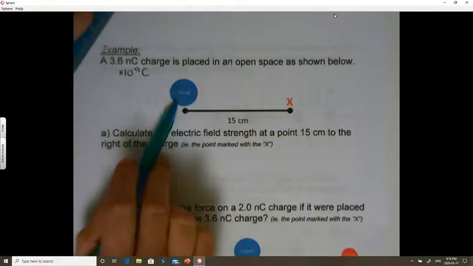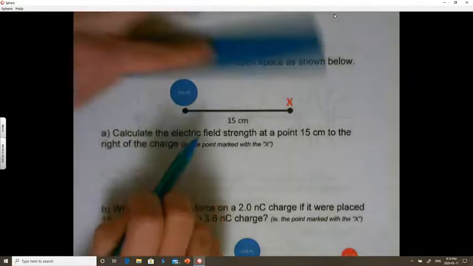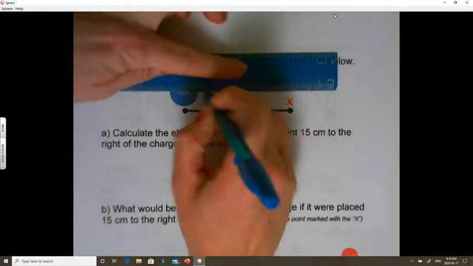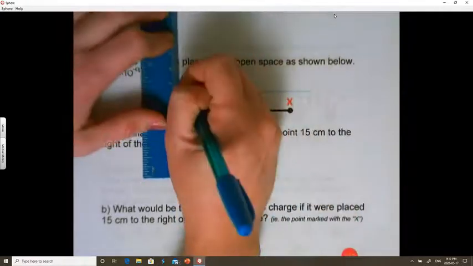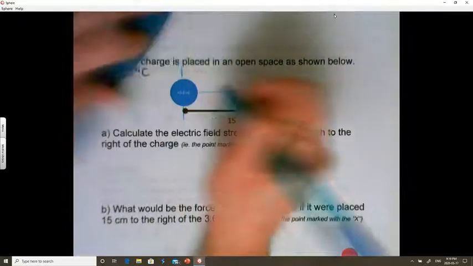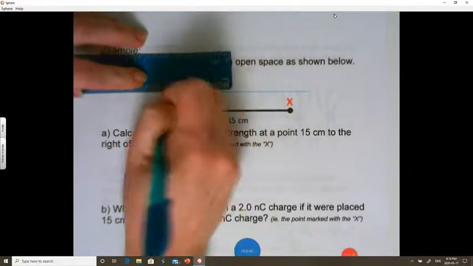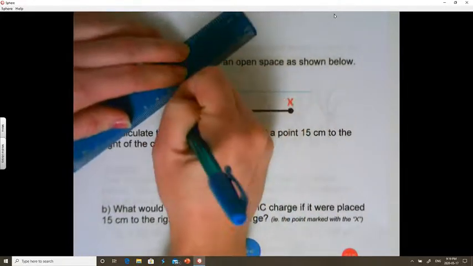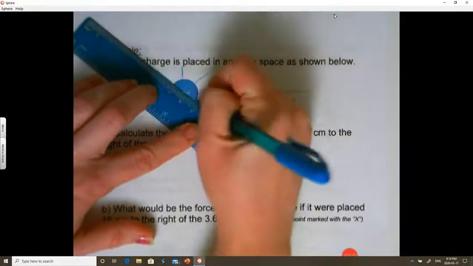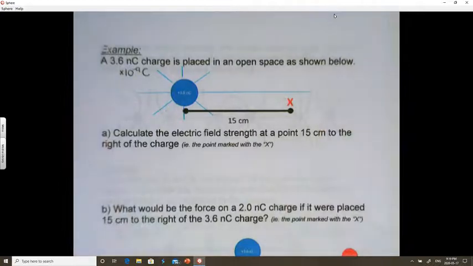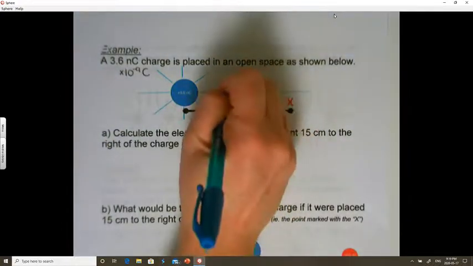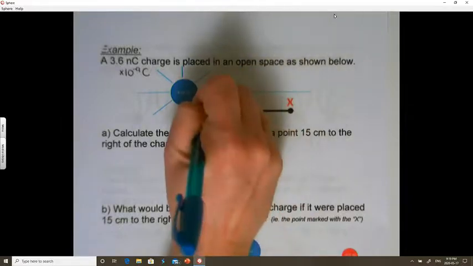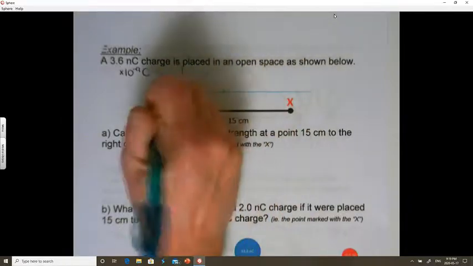So I'm going to draw some diagrams to represent the electric field, and then I'll show you what those concentric circles might look like. So we know electric field is going to be occurring radially, and the electric field points the exact same way that a positive test charge would want to move. A positive test charge would want to get away from another positive charge. So your electric field points away from a positive charge.